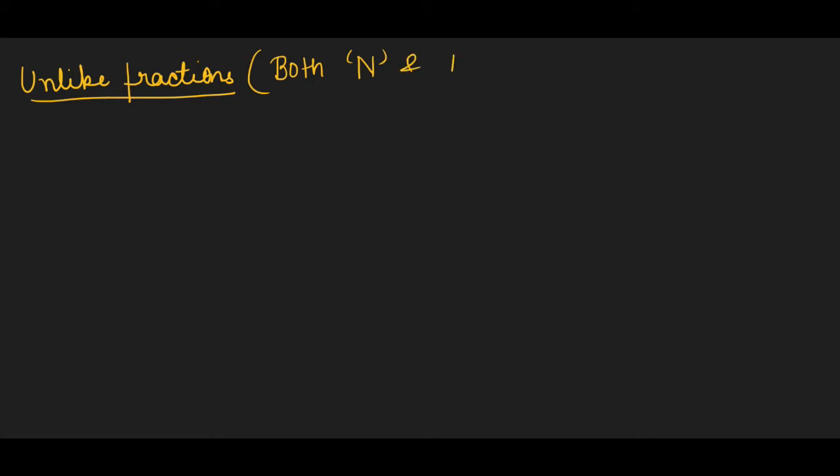The next case that we have in unlike fractions is when both the numerator and denominator are different. Meaning the numerator is also different and the denominator is also different.